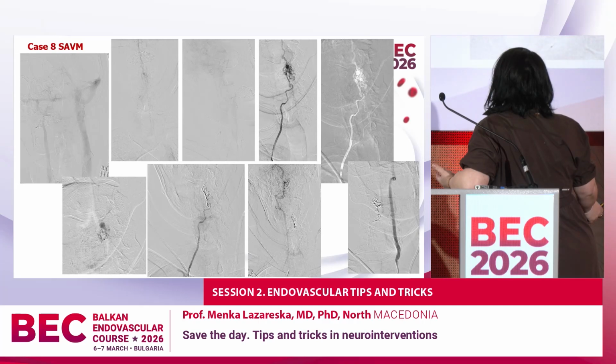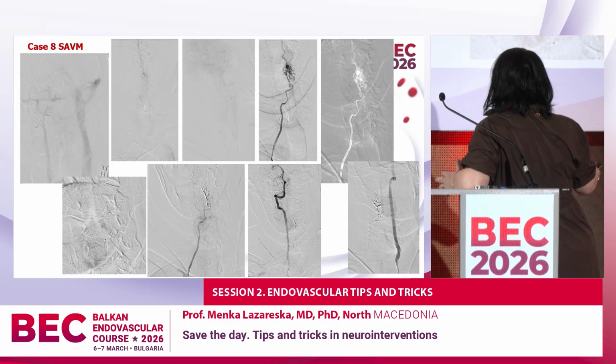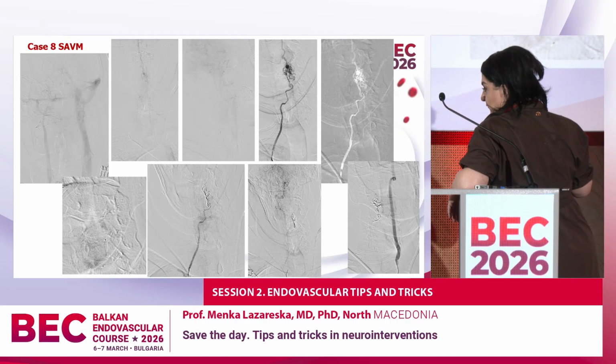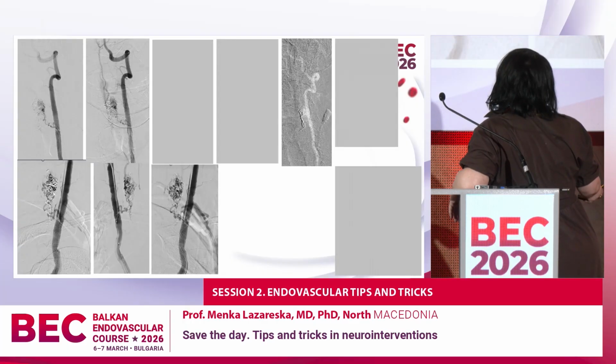gave us closing of this descending branch from V4. Here is the control. Because of the good penetration, we don't have any feeding from V4 on the right side. From the left side, we didn't succeed because we tried to pass this tortuous anatomy of the feeding branch.